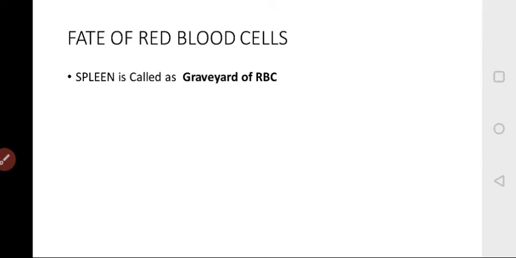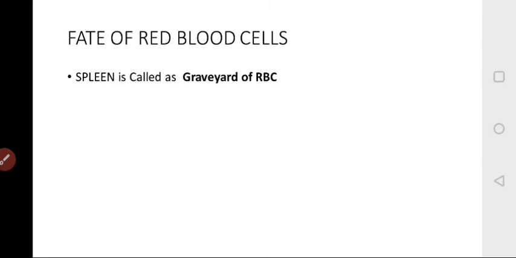However, because of the fragile nature, the oldest cells are destroyed while trying to squeeze through the capillaries. The destruction occurs mainly in the capillaries of the red pulp of the spleen because the diameter of splenic capillaries is very small. So, the spleen is called the graveyard of RBCs.